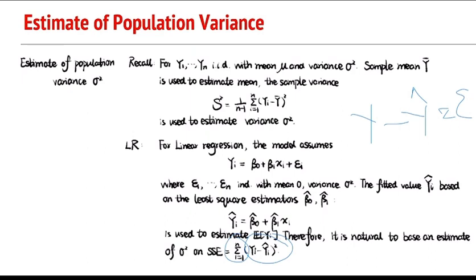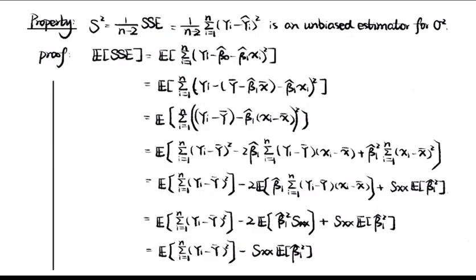I told you the other time, the sum of square error is actually unexplained variation. Now if we want to estimate the variance in a situation where y is related to x, then we can go by way of the sum of square error.